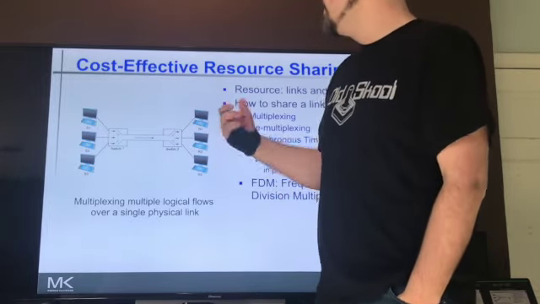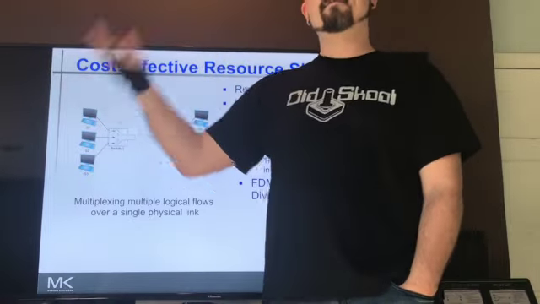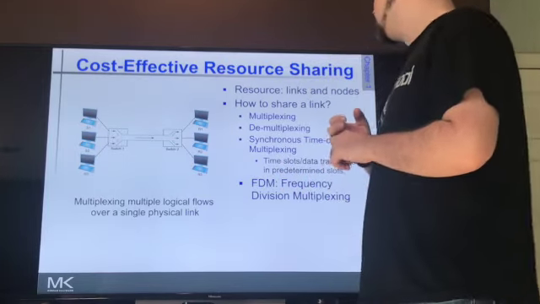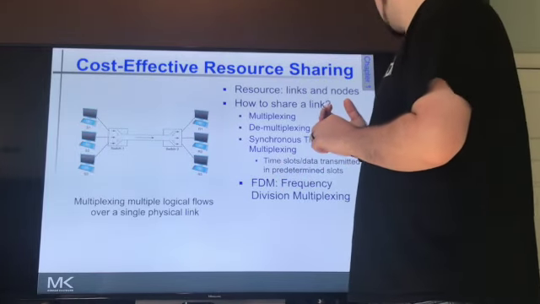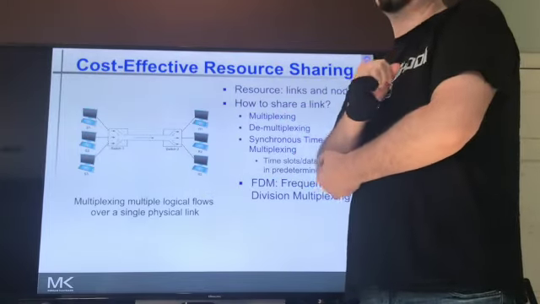And so we want a switch or a router that reacts to the traffic differently based on when it comes in. And so time division multiplexing is one solution, but it's not the solution.